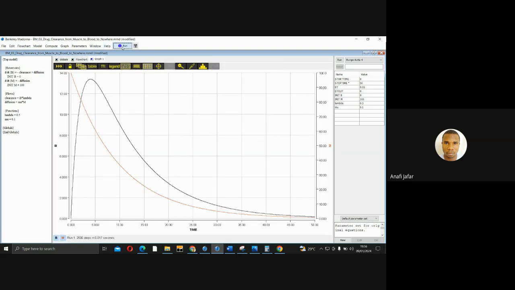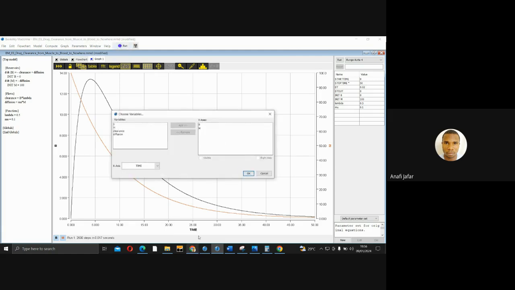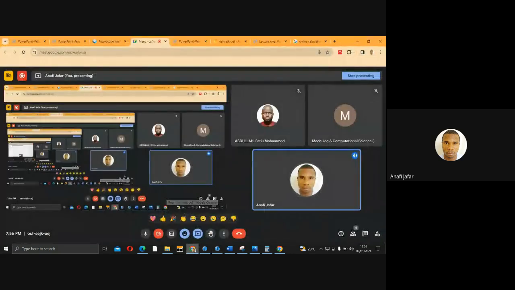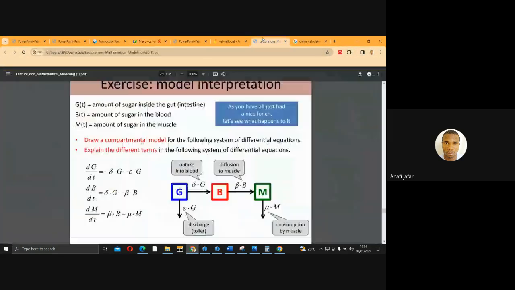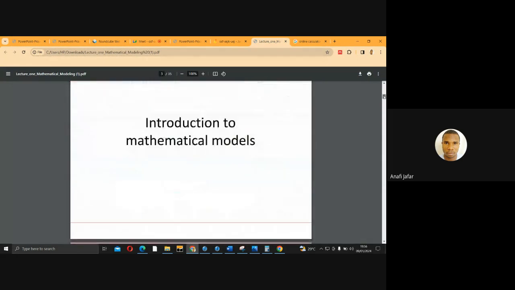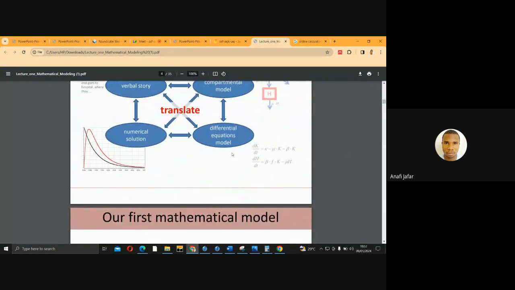So this is the main graph, and you see it looks very nice. And when you check our first class, first note, you see the graph, it's the same as the graph.